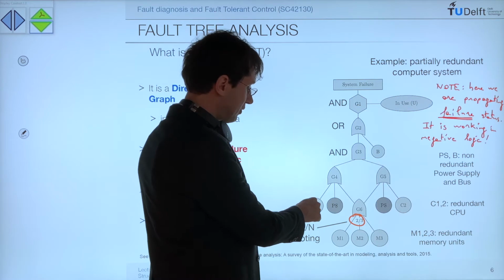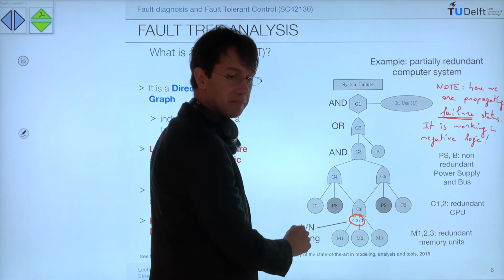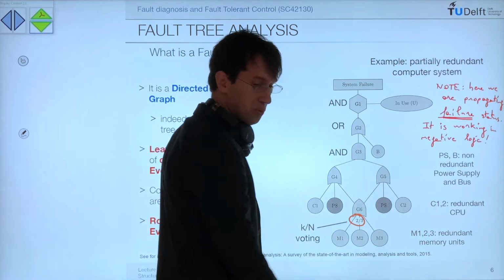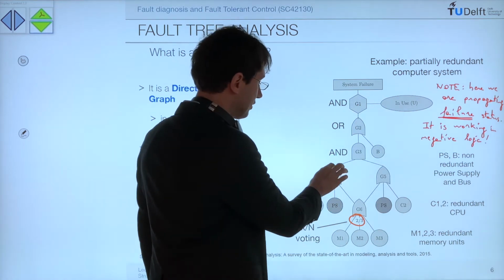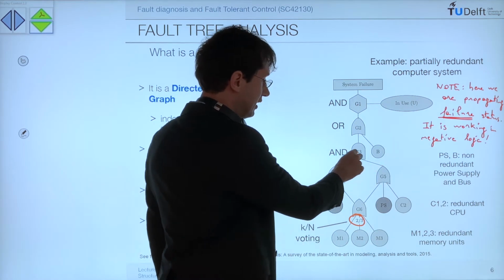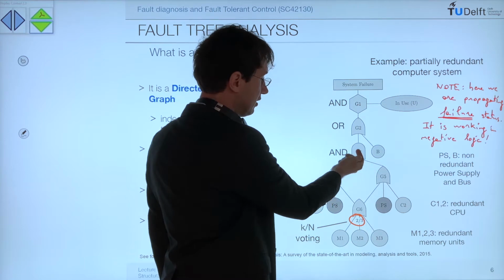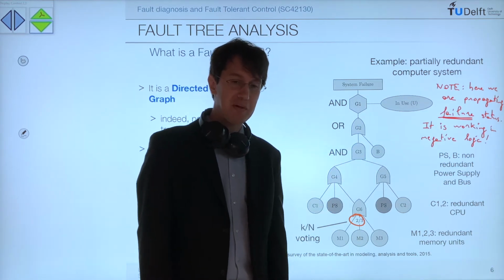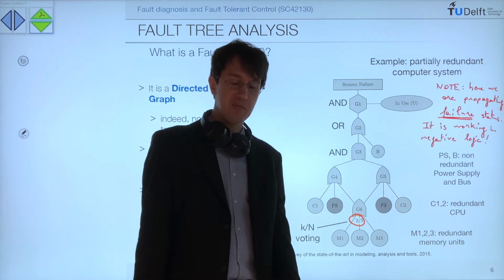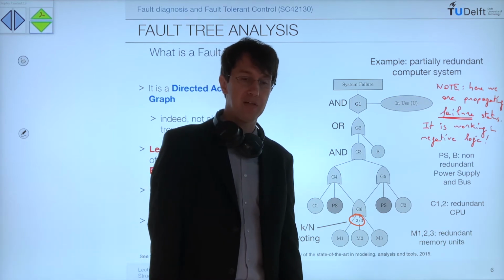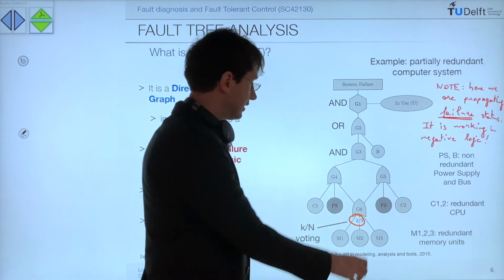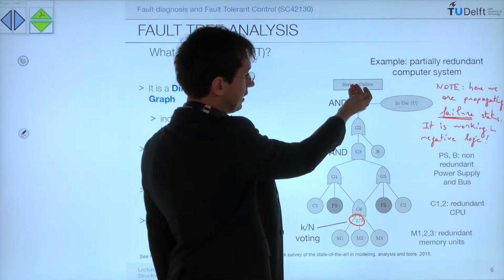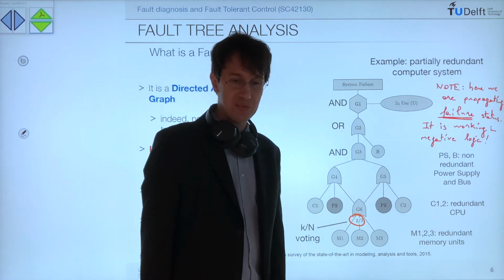If CPU 1 is not working and CPU 2 is not working, you have both a true here and here. This AND will propagate upward a true. And that's indeed what we expect. So if we have 2 redundant CPUs in the computer and both are not working, I expect that this should propagate upward and the entire system is not working.